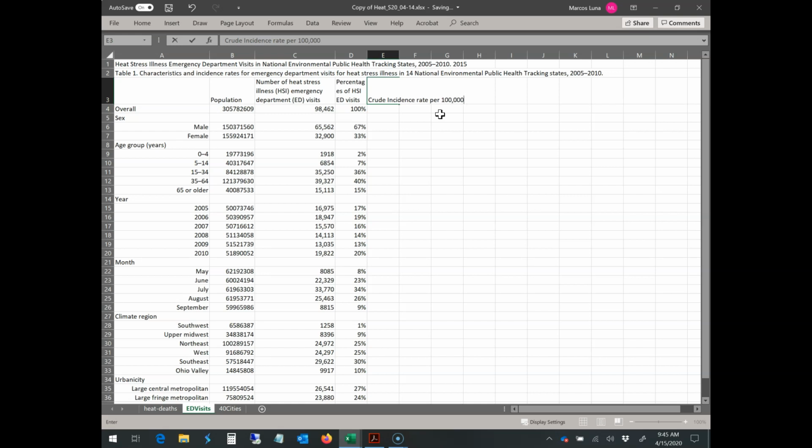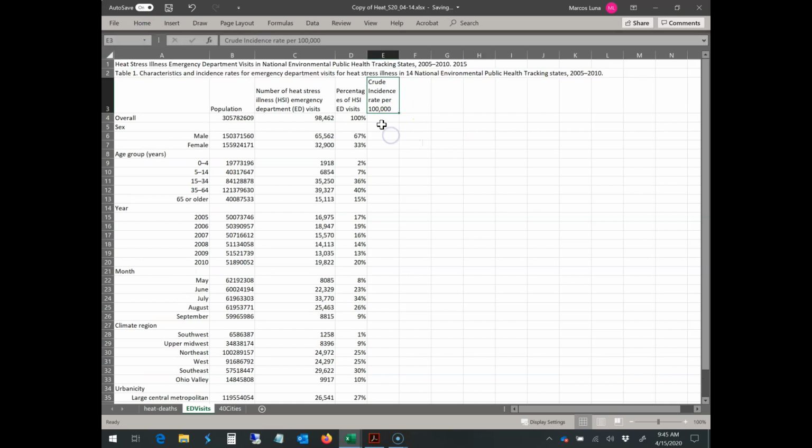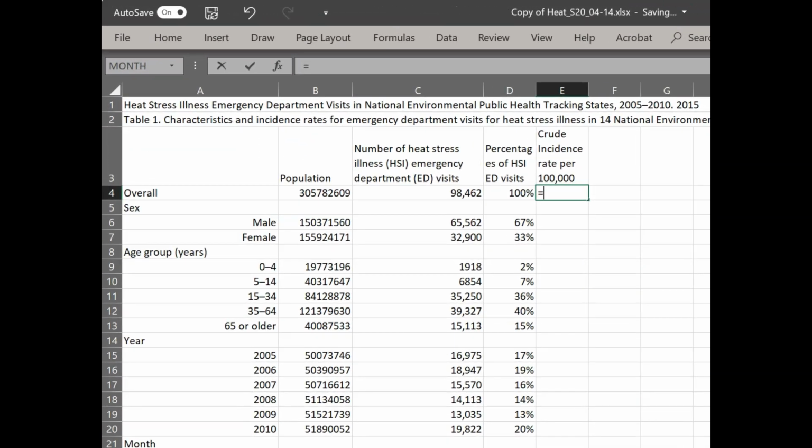Okay, but the process is the same. We're just picking a different or smaller number. I'll wrap that one as well. So the way this works is just like we did with mortality. We take the number of people who were affected, death or illness, and then we divide it by the underlying population from which they come, assuming that everybody in that population is equally at risk, potentially, of being ill.